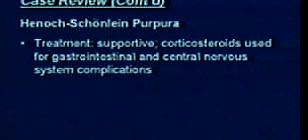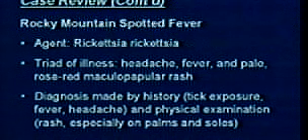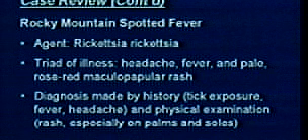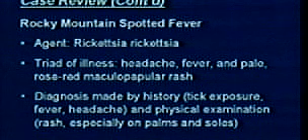We've talked about the treatment, and we'll now go on and discuss other areas of differential that might have been considered using this case. All right? One of the things is Rocky Mountain spotted fever. We said with Rocky Mountain spotted fever that the rash starts usually on the extremities and works its way in. There's a triad for this illness.